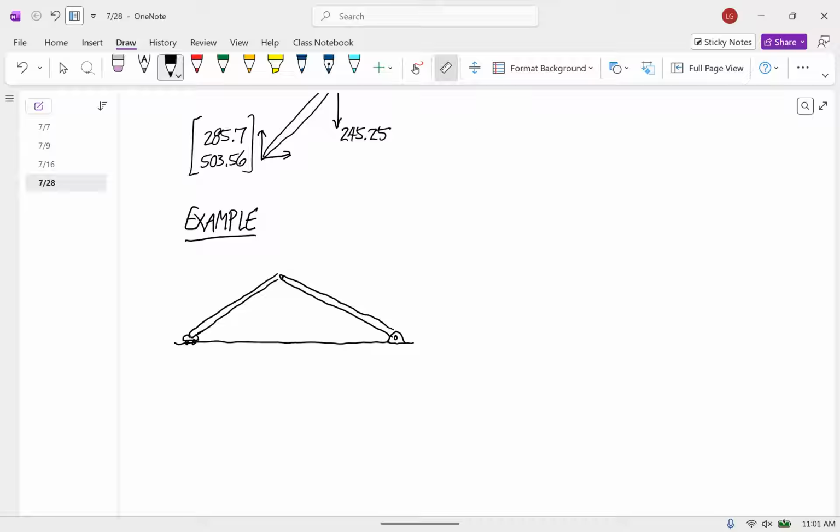But then this time there is a third body that connects to these.